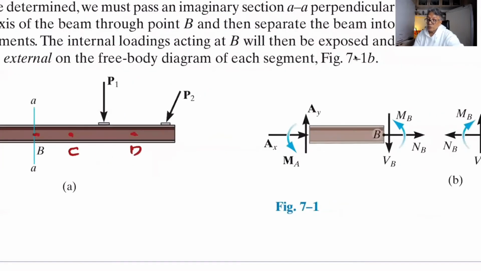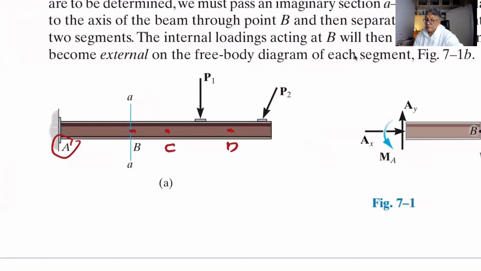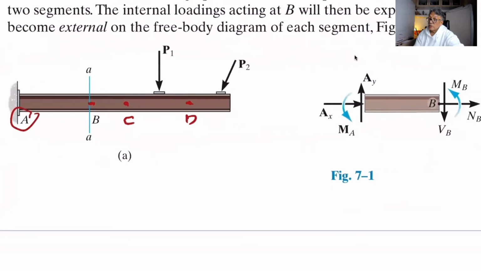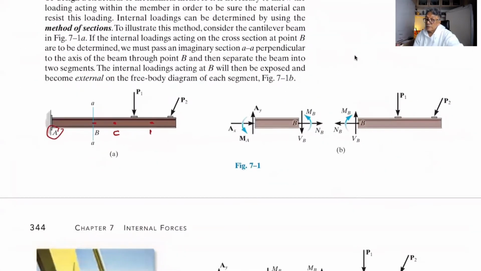So first of all, let's draw a free body diagram as in our previous video. Because of the fixed support here, we have AY, we have AX, of course, and there is a moment also at A, the bending moment. The bending moment is due to P1 working something like that, because this one is fixed.